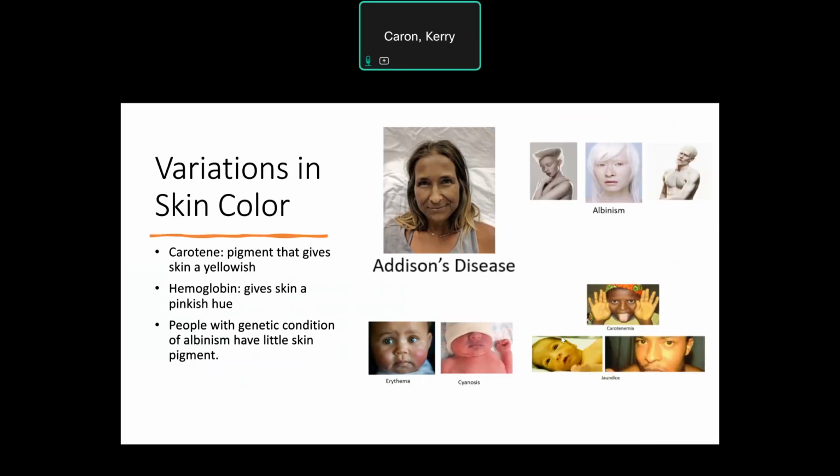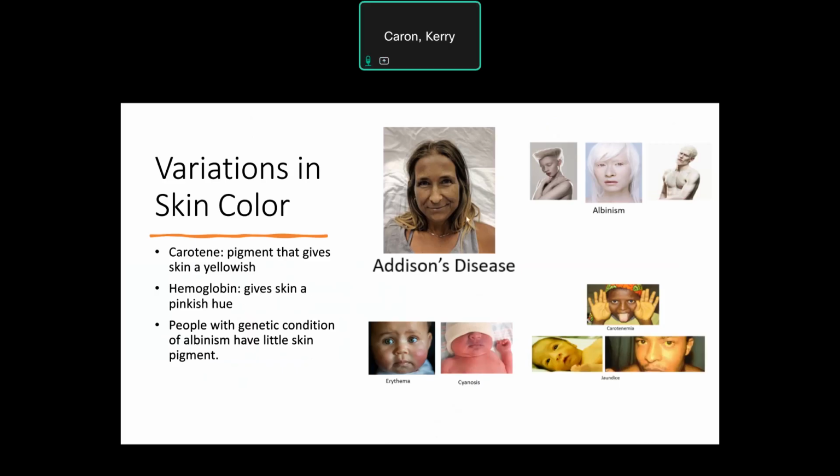So here are some variations in skin color, and sometimes they indicate disease for us. Carotene, present in carrots, can give a yellowish tint. Hemoglobin gives a pinkish tint to our skin. So let's talk about these other ones.